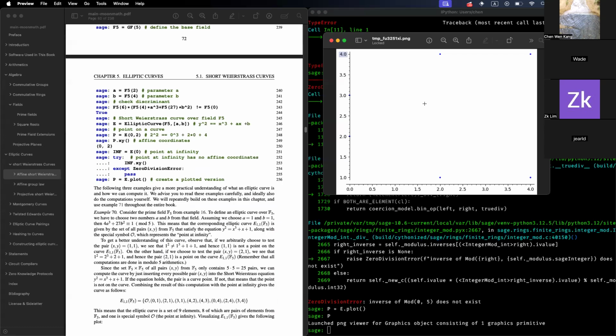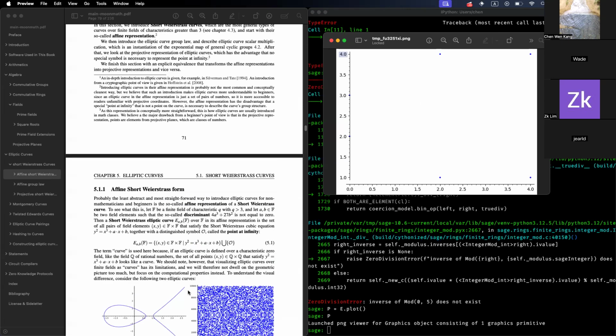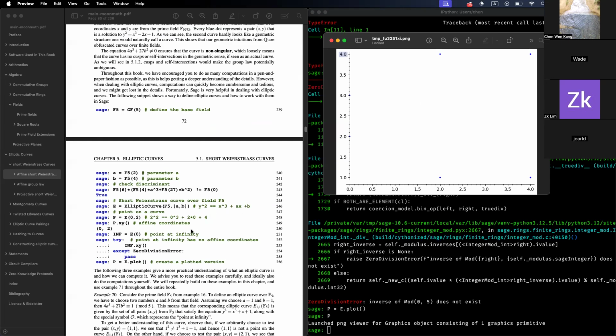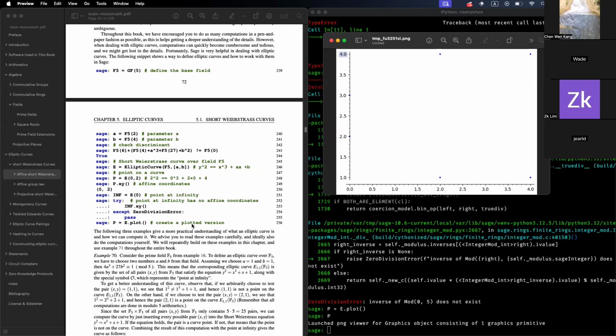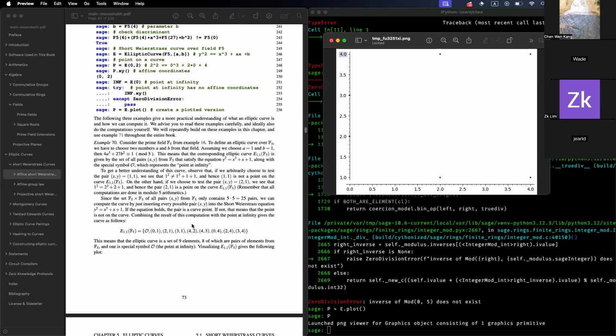I have a feeling this is a bit. Oh yeah, it's F5, it makes sense. Yeah, this is correct. This image is like this because we are basically doing a field of order 5 over the elliptic curve, right? Over this Weierstrass form itself. So that's why.